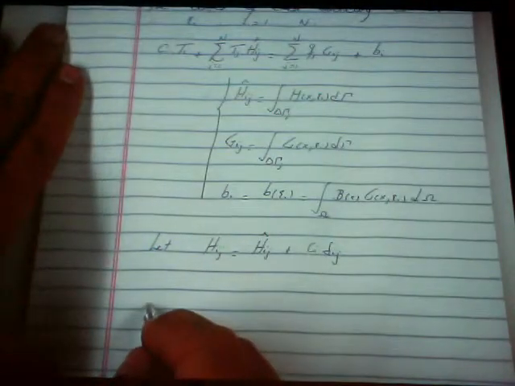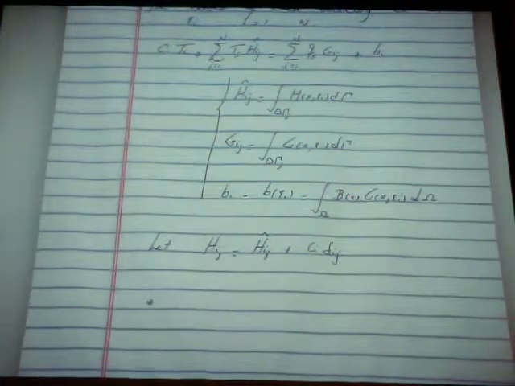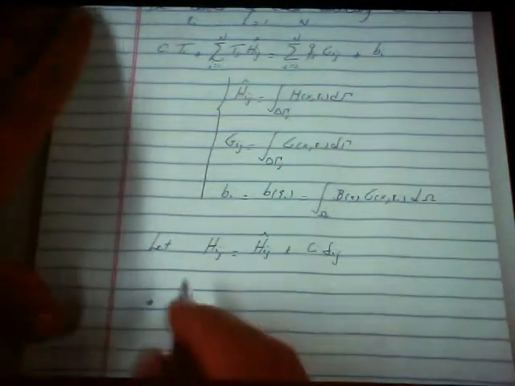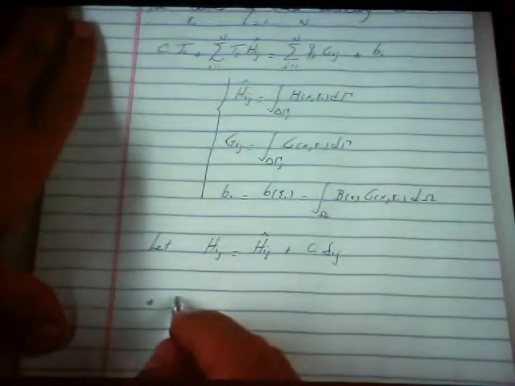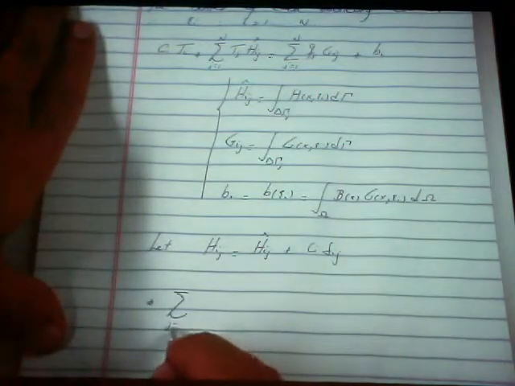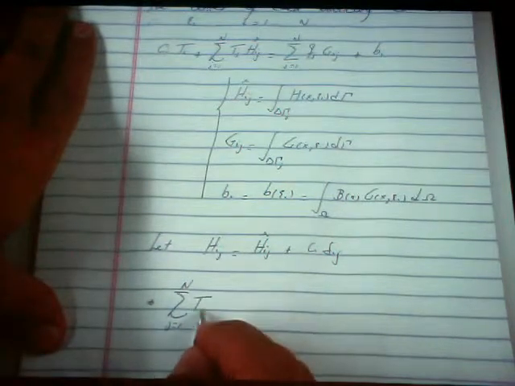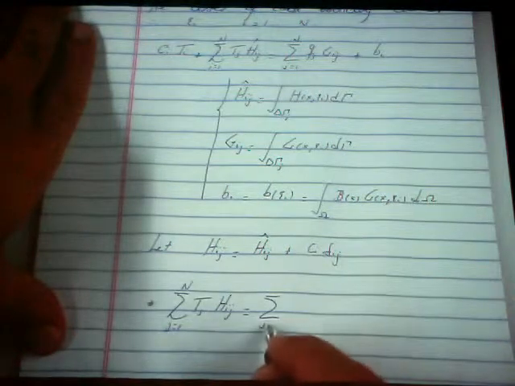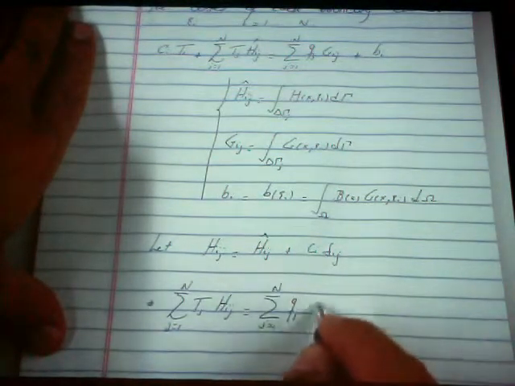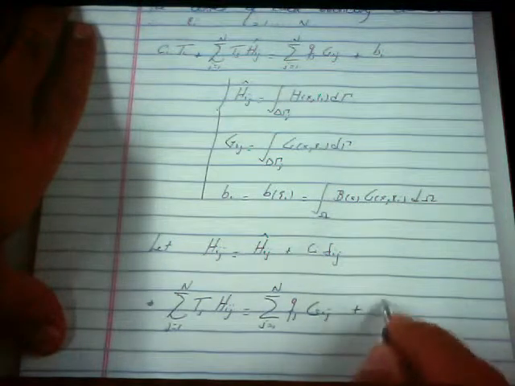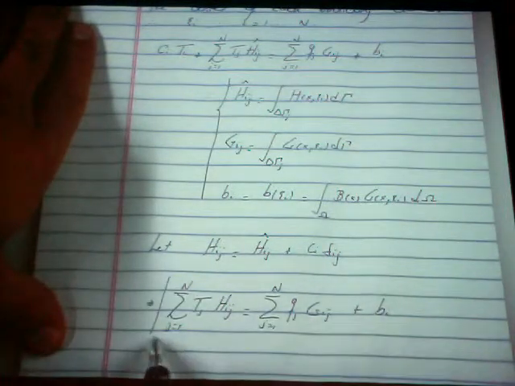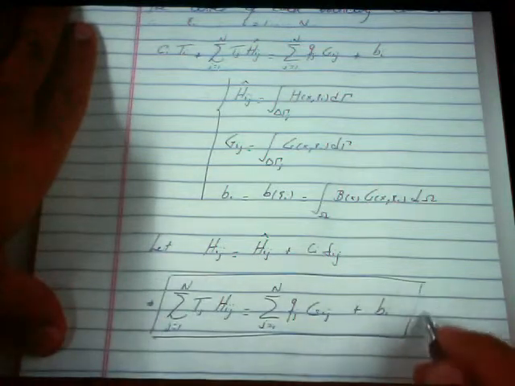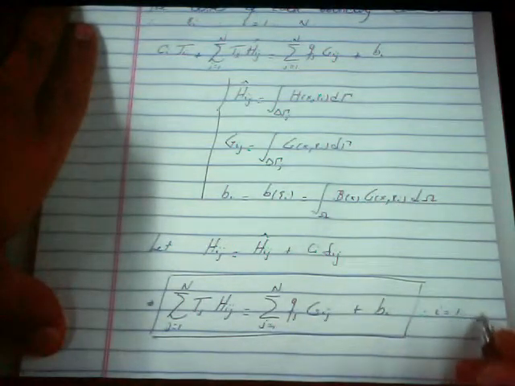So then I'm going to have the summation from j equal 1 to n of Tj, Hij is equal to the summation from j equal 1 to n of Qj, Gij plus Bi, such that i goes from 1 to n as well.